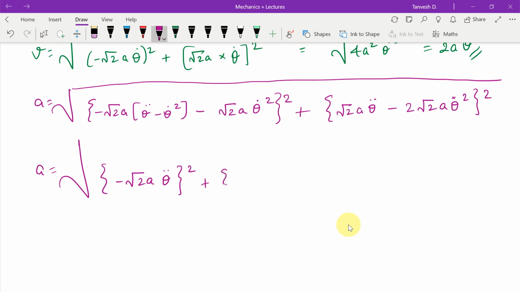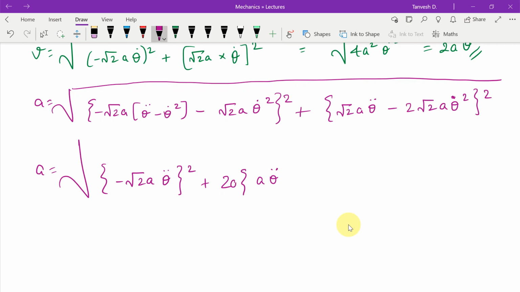Plus root 2a theta double dot minus 2 root 2a theta dot square. So what we can take common here is root 2, and its square would be outside like 2, and a, theta double dot, or we could also take a common, right?